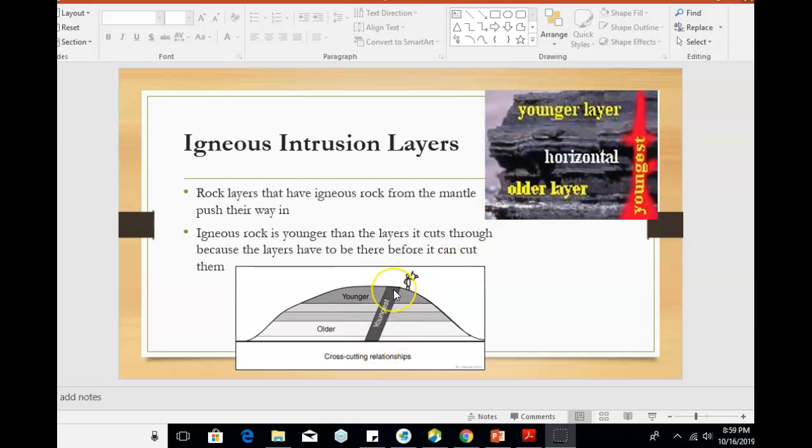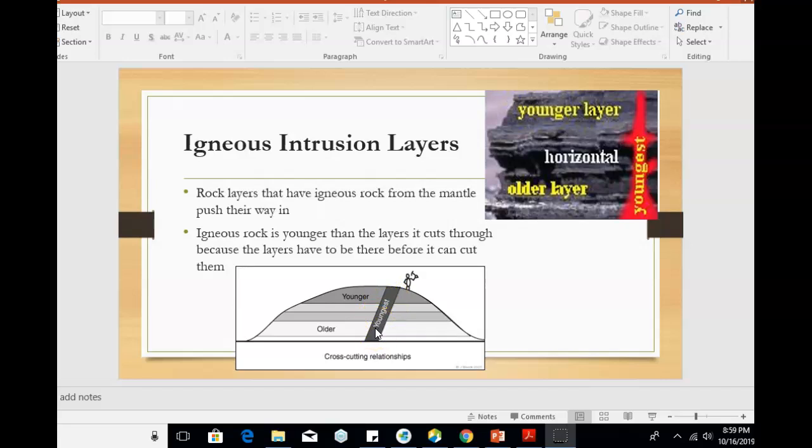But when it cools down into igneous rock, the rule says that an igneous rock, a fault or any unconformity, is younger than any rock layer they disturb. In simple terms, you can't disturb something that's not already there.